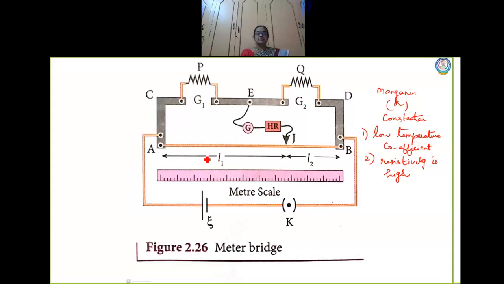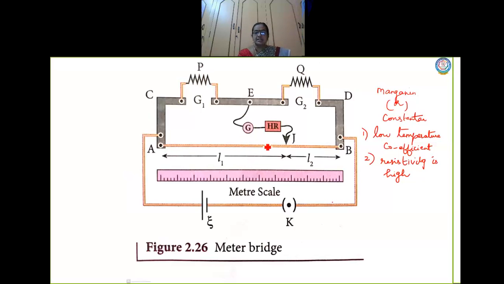Now when you look at this length L1, if this is 100 centimeter, and as I said this wire is made up of manganin or tungsten which has a resistance, yes or no? Let us consider the resistance of the wire to be capital R. Suppose I take the balancing length to be AJ, I need to multiply the value of L1 by the resistance per unit length of this wire, yes or no?